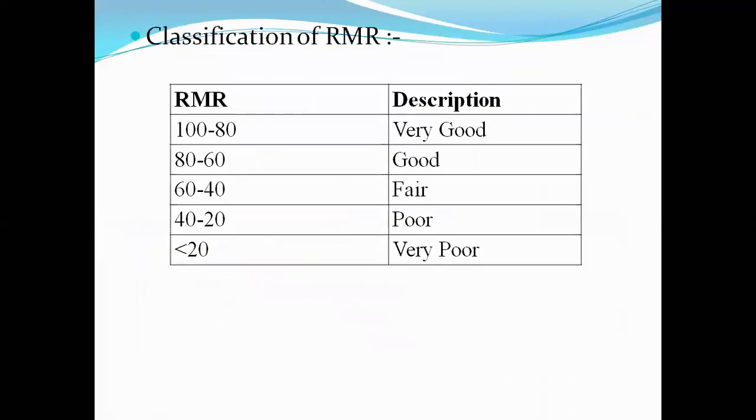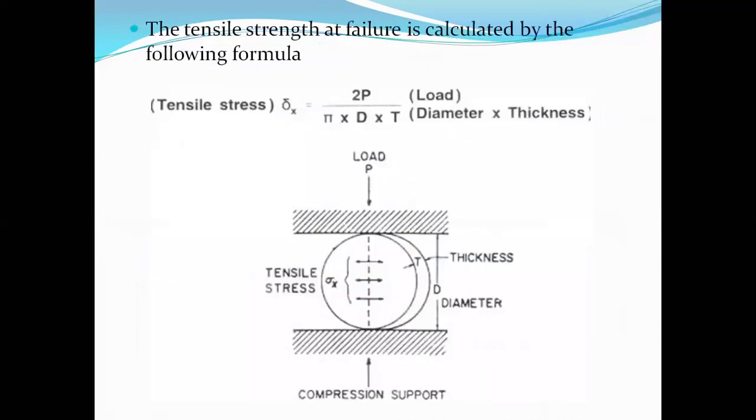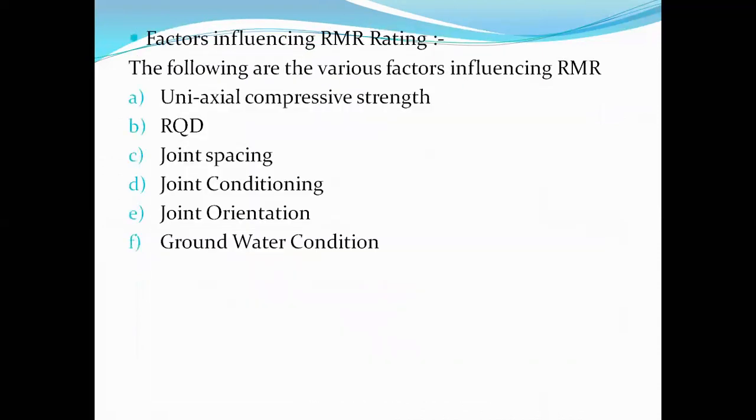I'll add them in coming lectures. I would have covered RQD first. Anyway, one of them is the RMR rating. RMR is nothing but rock mass rating, one of the most commonly used rock classification parameters, mainly in coal mines.